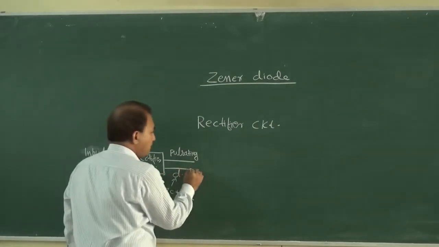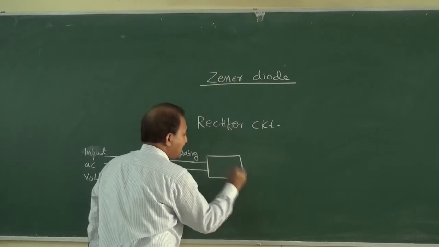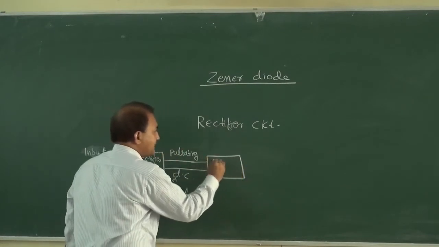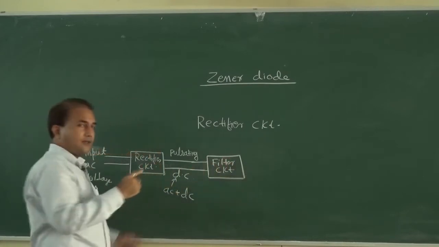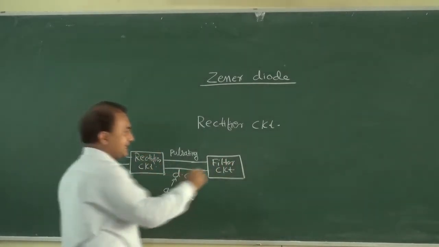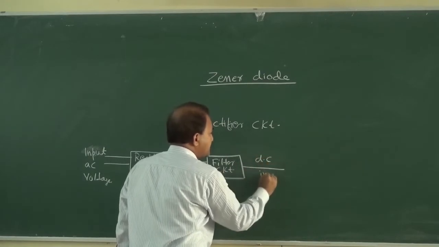So in order to remove the ripple, we are again connecting one filter circuit. The output of this filter circuit is DC in nature.